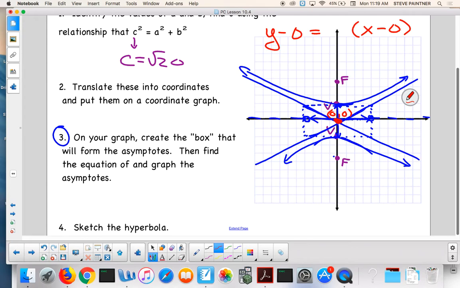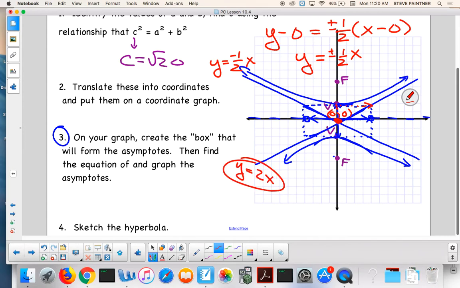What's the slope from 0, 0 up? Plus or minus 1/2. There you go, up 2 over 4, which is really 1/2. And the work is so easy on this one, you probably say plus or minus 1/2 x. This one is actually y equals negative 1/2 x. This one is y equals positive 2x. There. Sketch the hyperbola, I already did it.